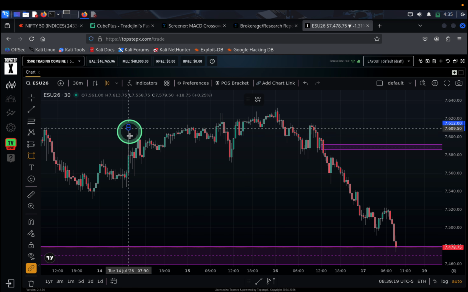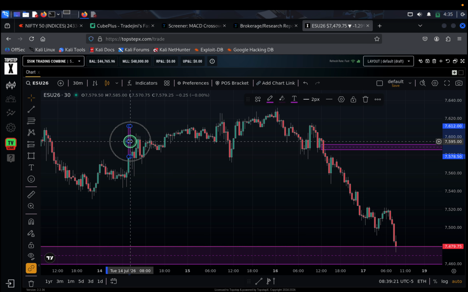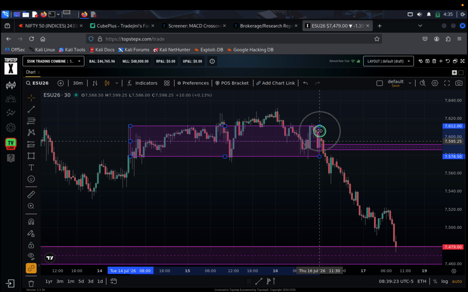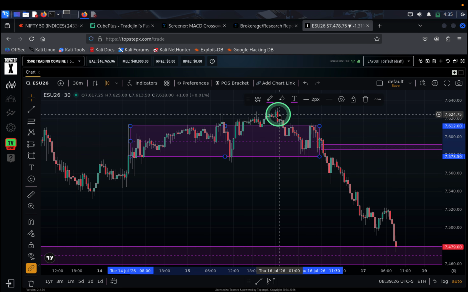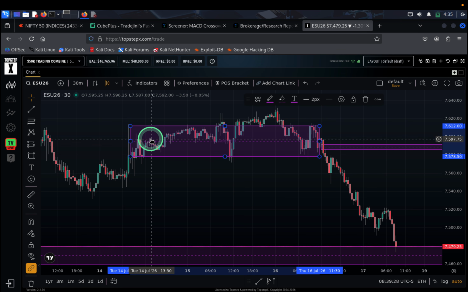You see this wick, then hardly any price action went above this wick. The wick acts as a resistance point as well. This is also a smart money concept.